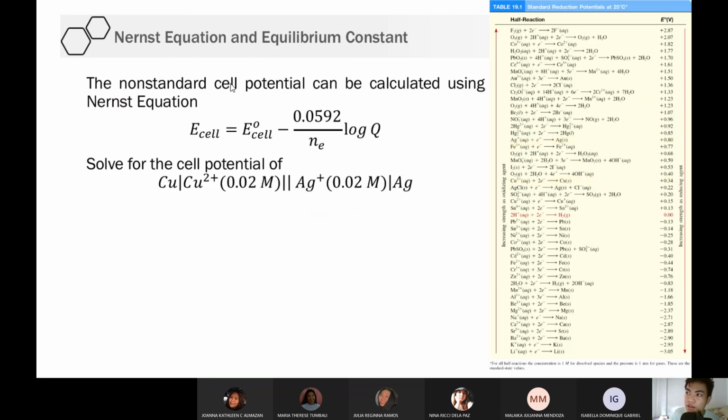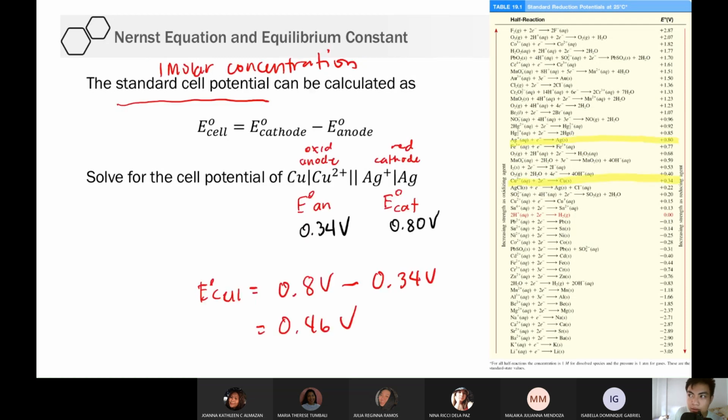However, if we have a non-standard cell, okay, when we say non-standard cell, the concentration is not equal to 1 molar na. Okay, so if the concentration is not equal to 1 molar or the pressure is not equal to 1 atm, ayan, so non-standard na yan.